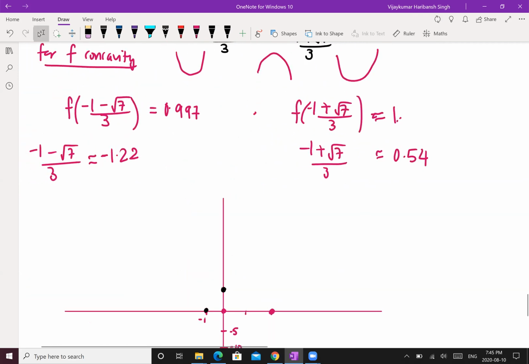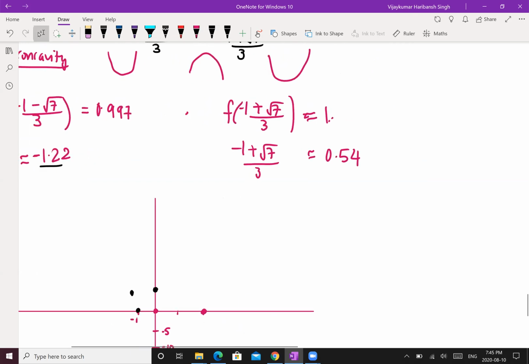Now at minus 1.22, the function value is 0, so it's just here. This is the inflection point. And similarly at around 0.55, which is about half of here, the function value is also around 1. So these are the inflection points.